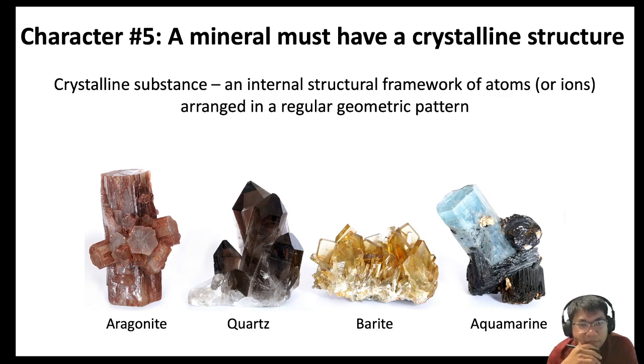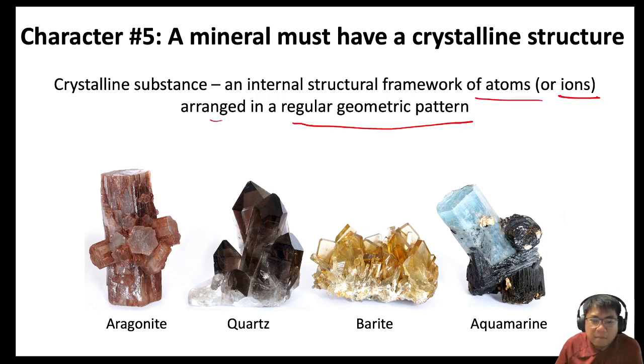Okay, the next characteristic is that a mineral must have a crystalline structure. A crystalline substance has an internal structure framework of atoms or ions arranged in a regular geometric pattern.